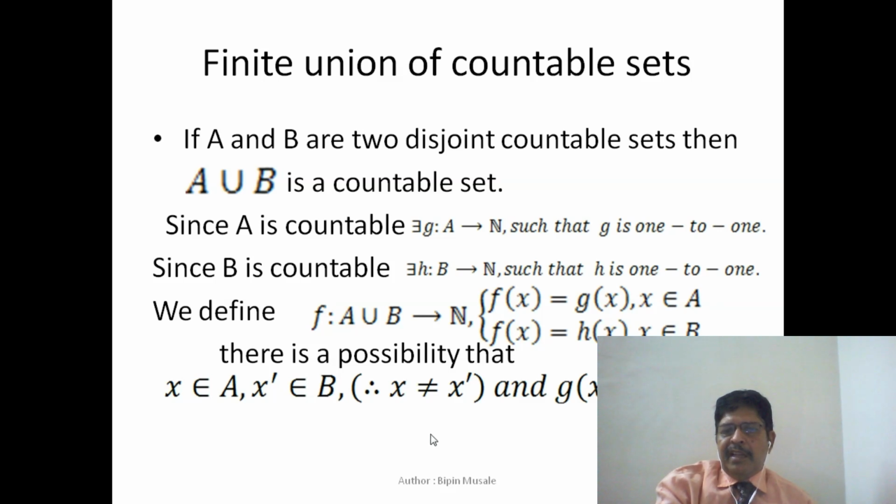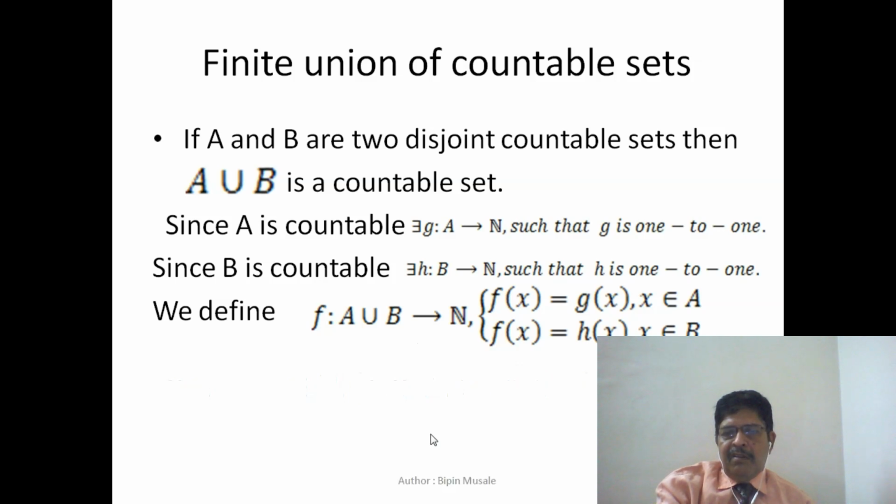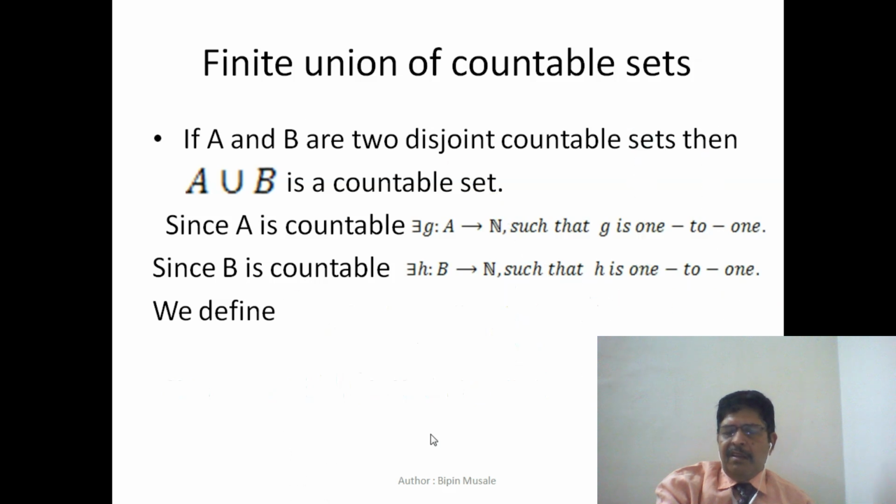So in this case, images are equal although pre-images are not equal. So this kind of definition of f does not work. We discard this definition and try to define f in some other way.